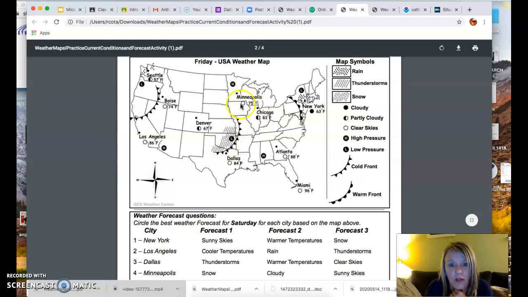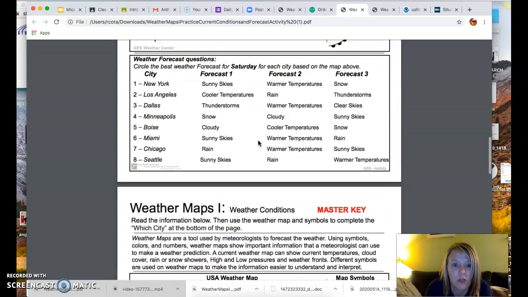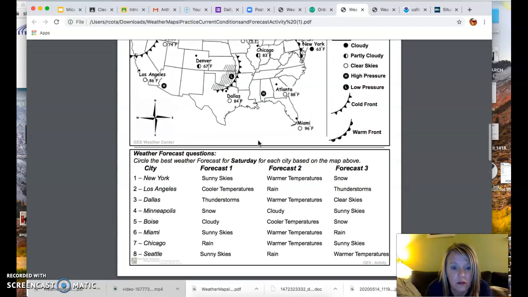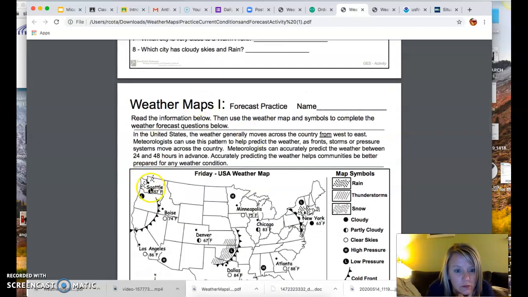So some of you might put cooler temperatures, but the answer to Chicago, because actually the city of Chicago is up here, not where the word is, is that it's going to be continued sunny skies for Chicago as well. And the last one, Seattle. Seattle is partly cloudy. This is coming at Seattle in the next 48 hours, and that stands for rain.